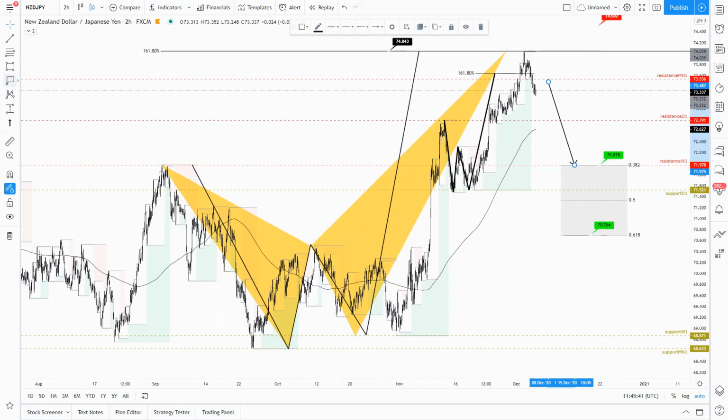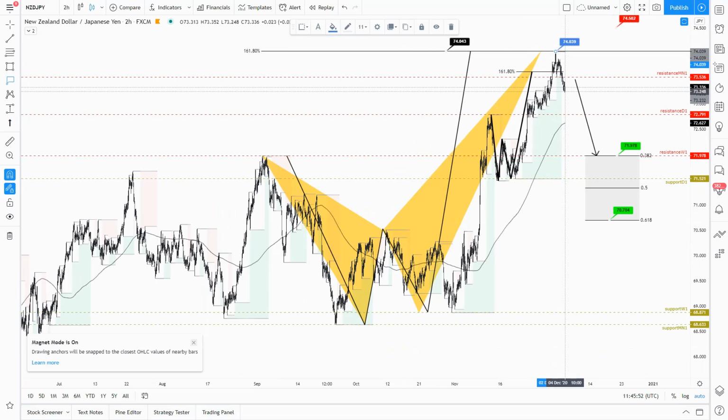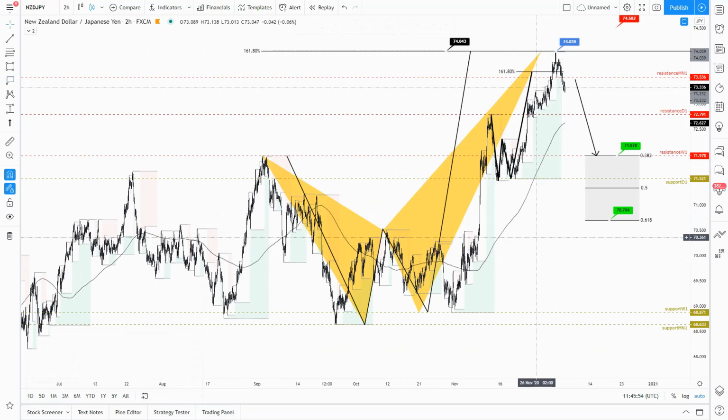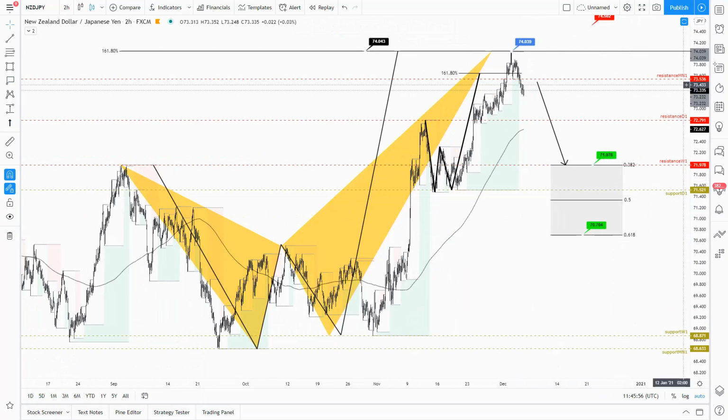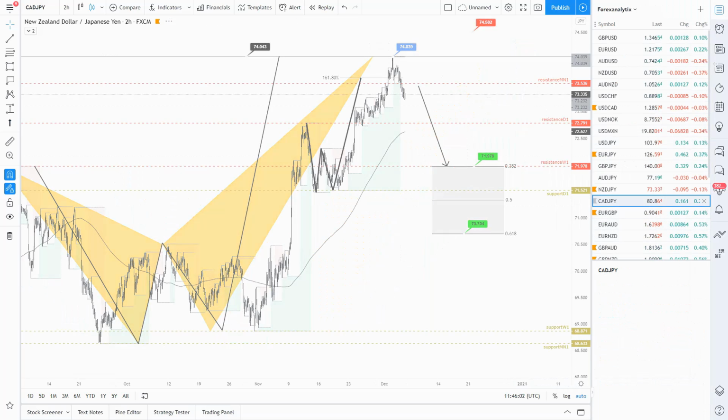The market failed that Fibonacci by just 1 or 2 points, as I said yesterday, 74.03, 74.04. The price has started to fall, and we assume this as a potential bearish situation to get involved. So we're still holding that short.